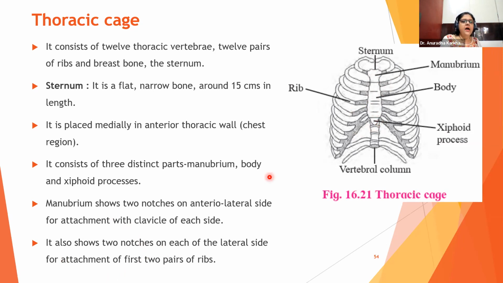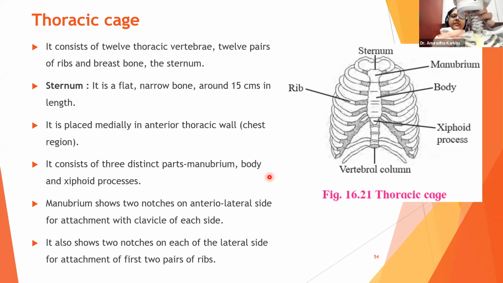Okay, manubrium shows two notches on anterior lateral side for attachment with clavicle of each side. So here you can see this particular one again. इसको मैं ना मेरे गोदी में ही बिठा के रखना चाहिए ऐसे. So you can see this. ये जो आपको दिखाई दे रहा है बेटा ये वाला, right?